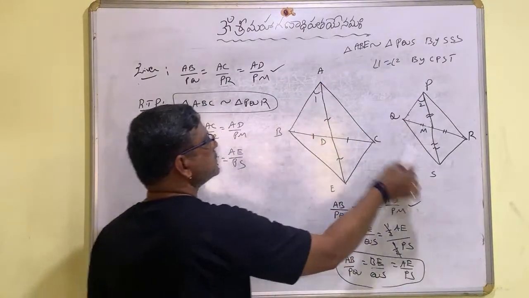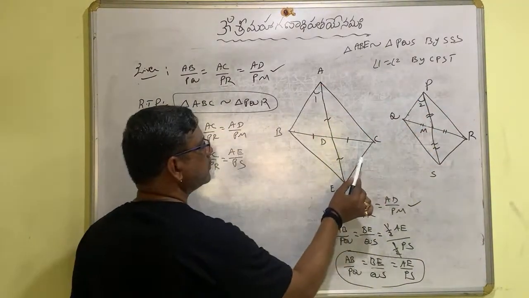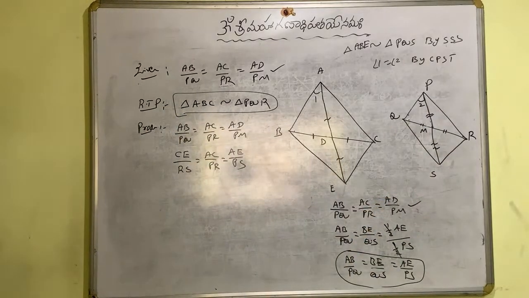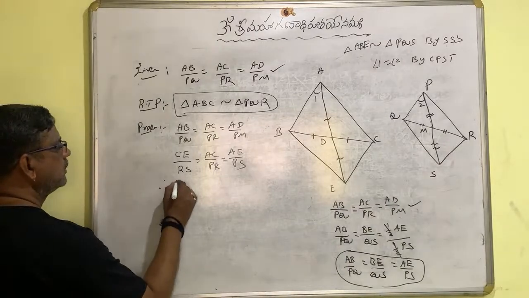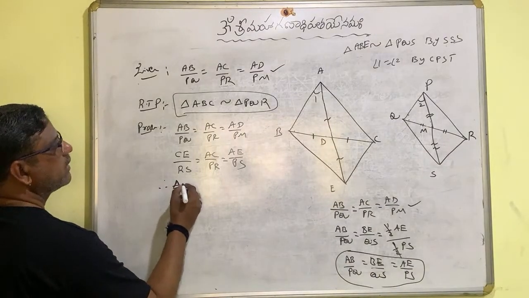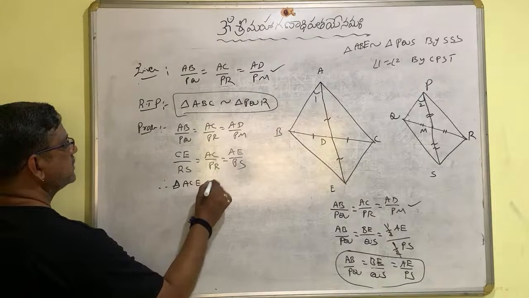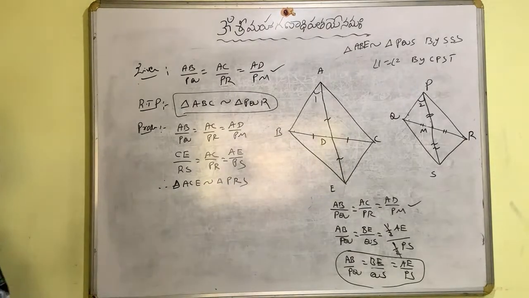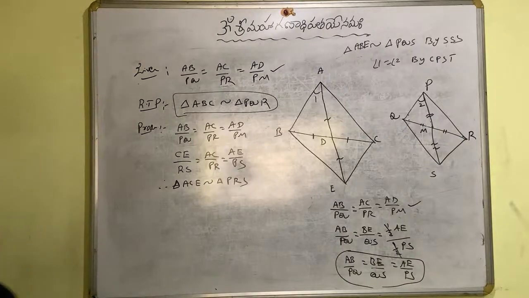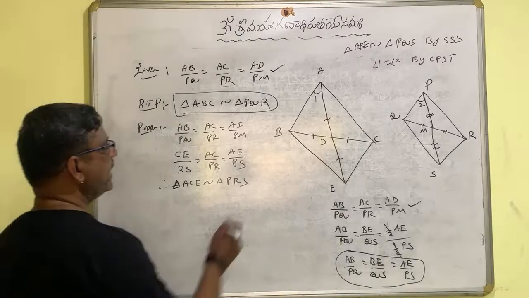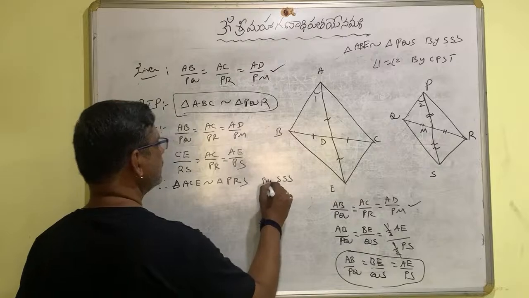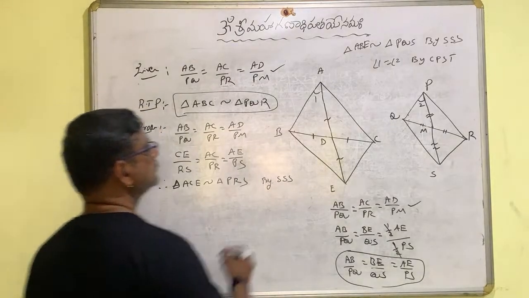Now, so therefore, triangle ACE is similar to triangle PRS by SSS similarity.